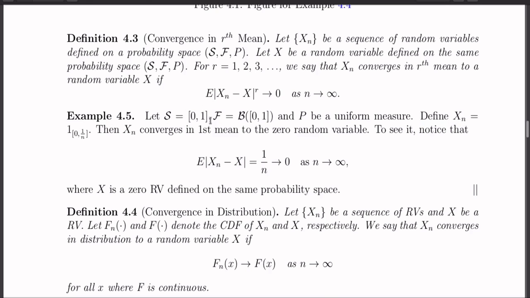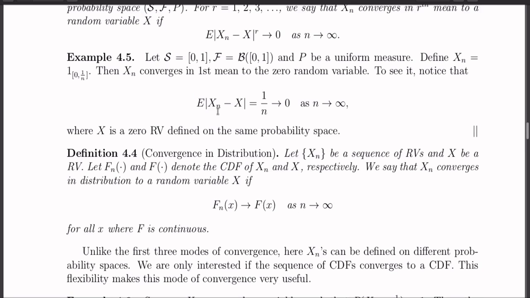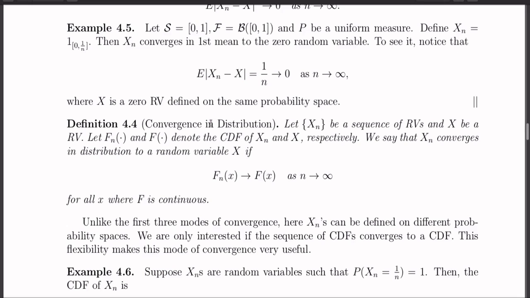Next is convergence in distribution. The definition goes like this. Xn is a sequence of random variables and X is a random variable. Fn is nothing but the distribution function of Xn.